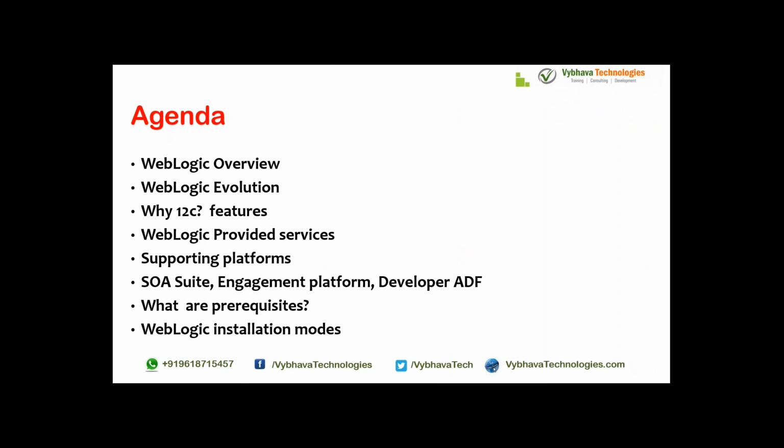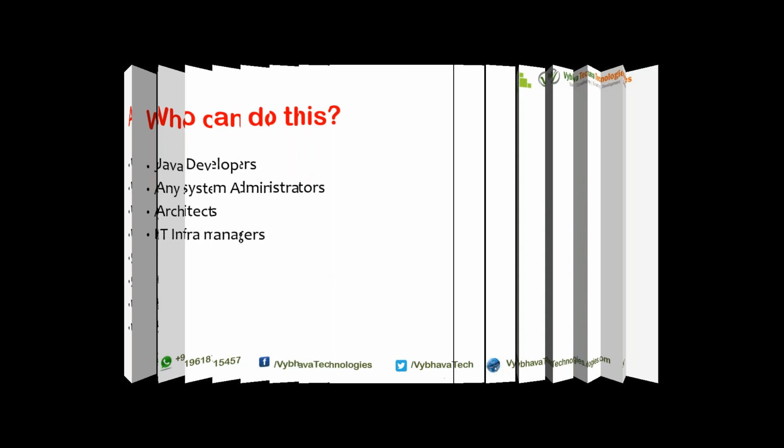Then we'll talk about the different services WebLogic provides, different platform support, and how we can grow in our career with WebLogic as a base, going on to learn the latest Oracle products. And then what the prerequisites are, how we can begin administration work, and how we can go ahead with the installation process. So this is our overall agenda.